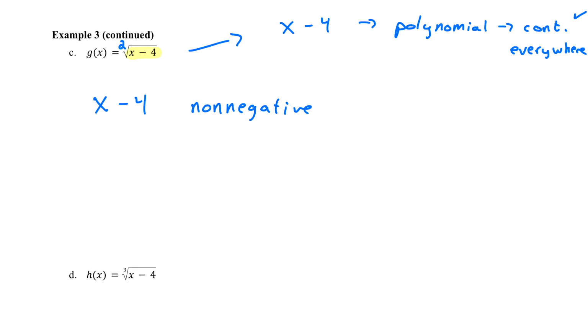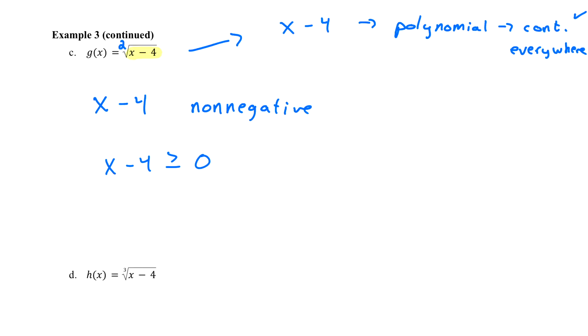So when we say non-negative, what we really mean is that number could be 0, so x minus 4, it could equal 0. Sure, that's fine. Or it could be positive. Well, positive numbers are greater than 0. So what I'm really saying is x minus 4 can be greater than or equal to 0.